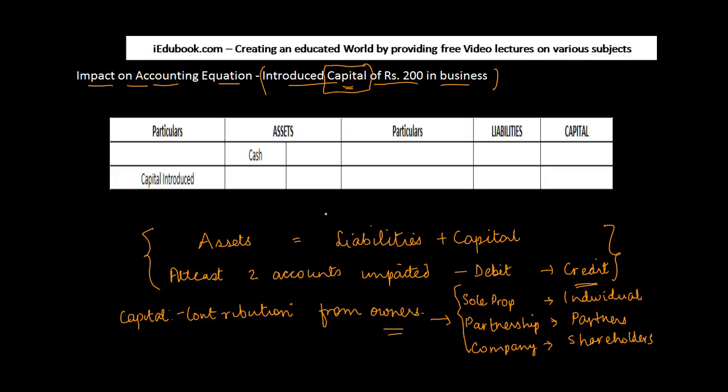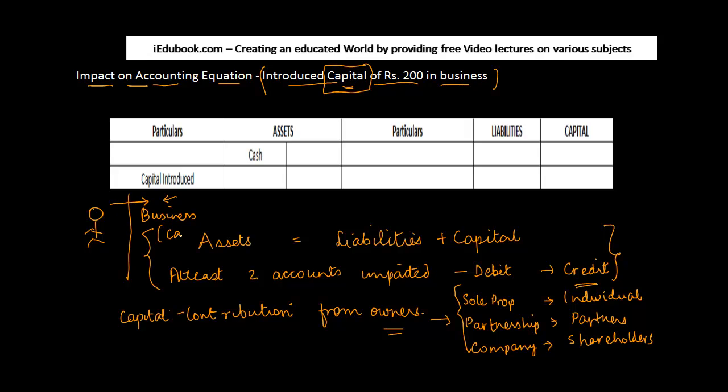So when 200 worth of capital was introduced, what will happen? Now we all know according to the entity concept that a business and an individual or the promoters are different, right? So from the perspective of a business for whom we are doing the accounting, when the capital is introduced, what happens?